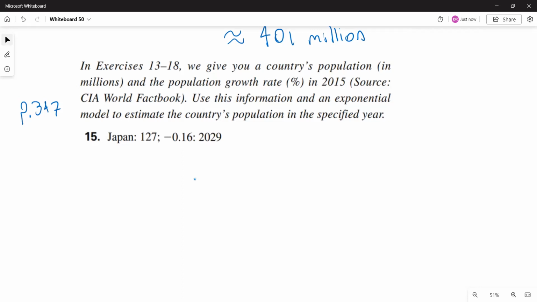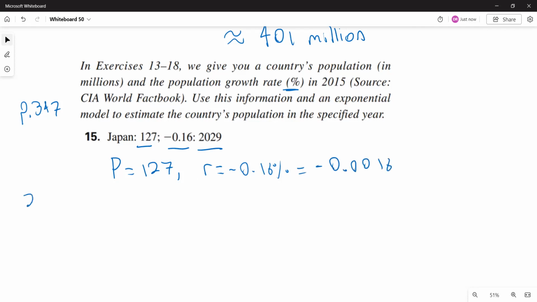Use this information and an exponential model to estimate the country's population in the specified year. So they give us the initial population and the growth rate, which is given as a percent. What would the population be in 2029? So that is going to be P, like the principal, but we have an initial population. The rate is still a percent. We need to convert this to decimal.